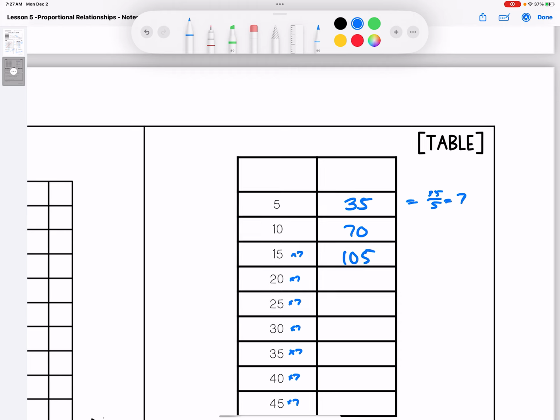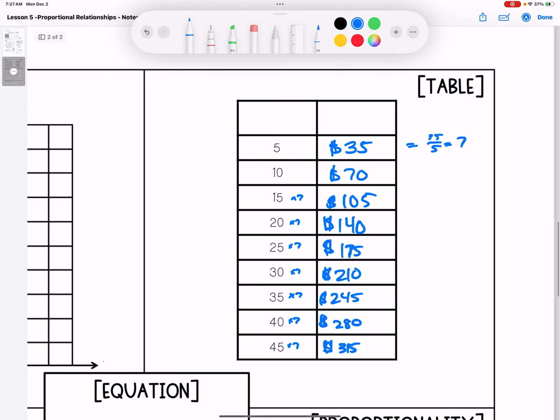So we got 105, 140, 175, 210, 245, 280. Now, I'm not done because I need a money sign because we are talking about money here. Now, we still need to label them.